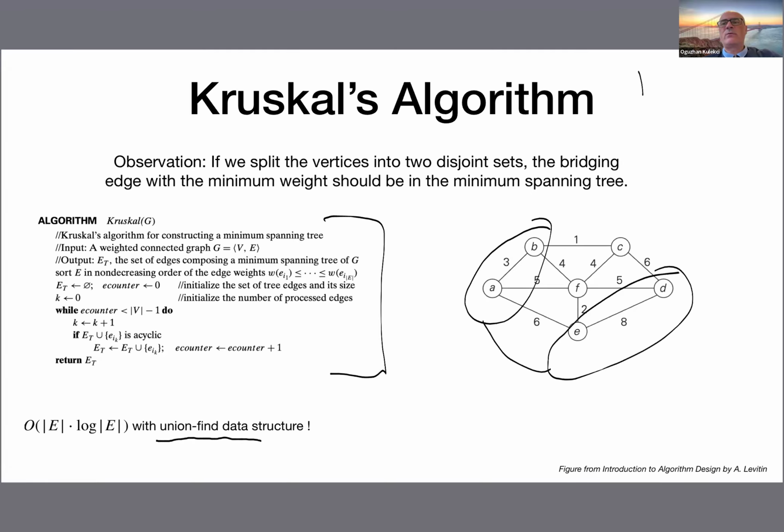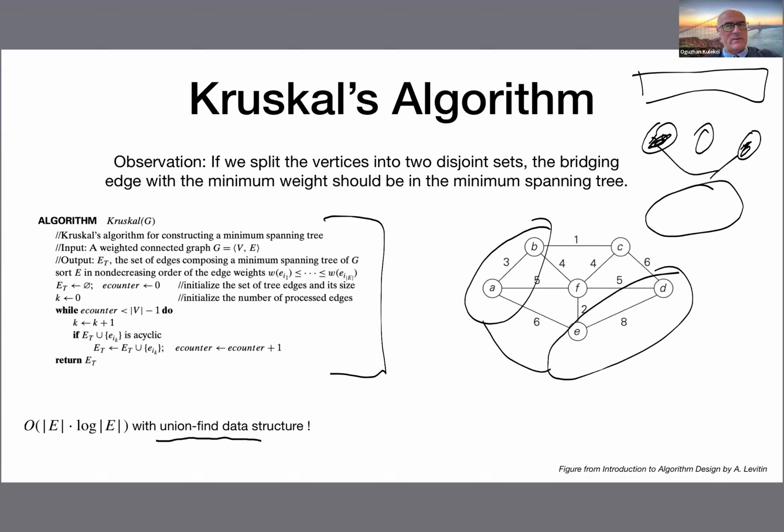You have a universal set, and this set is split into some subsets. With the union, you select one element from here and one element from there, and when you combine these sets through these representatives, all of the elements here and all of the elements there become one set. Whenever you query an element, you would like to find which set contains it, and this is done with the union-find data structure.